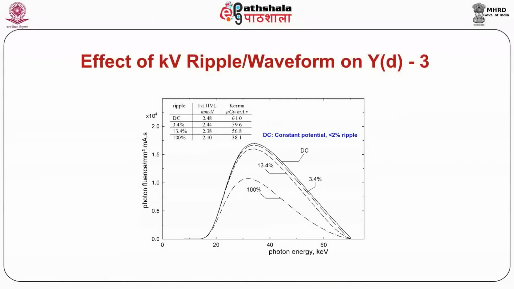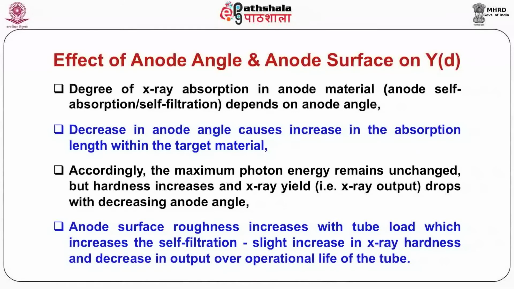Now we will see the effect of anode angle and anode surface on the X-ray tube output. The degree of X-ray absorption in anode material, that is anode self absorption, depends on anode angle.